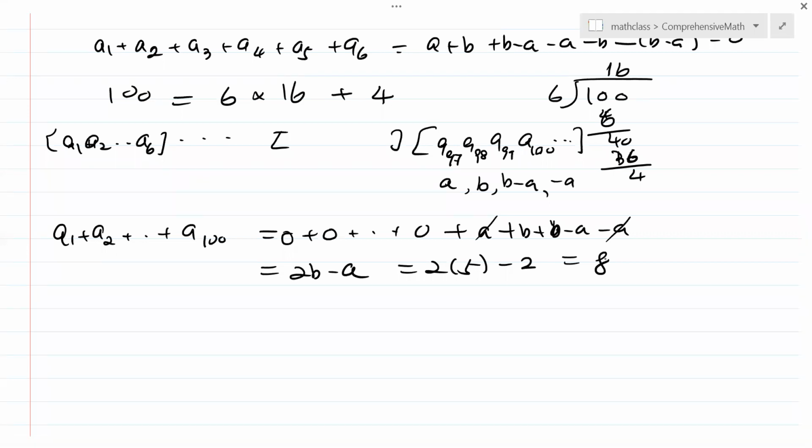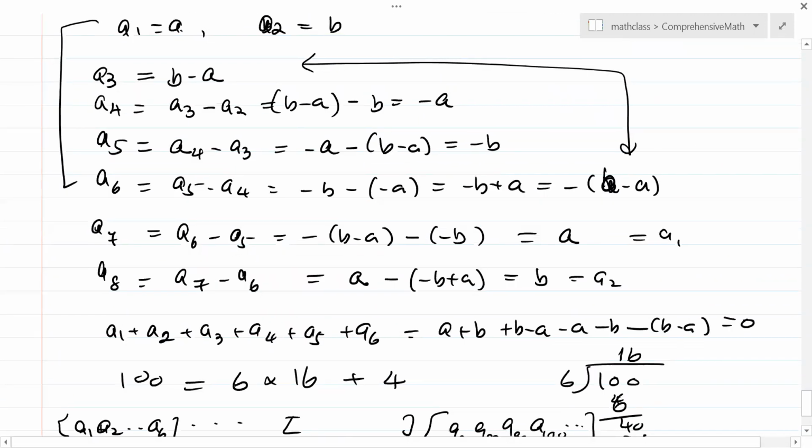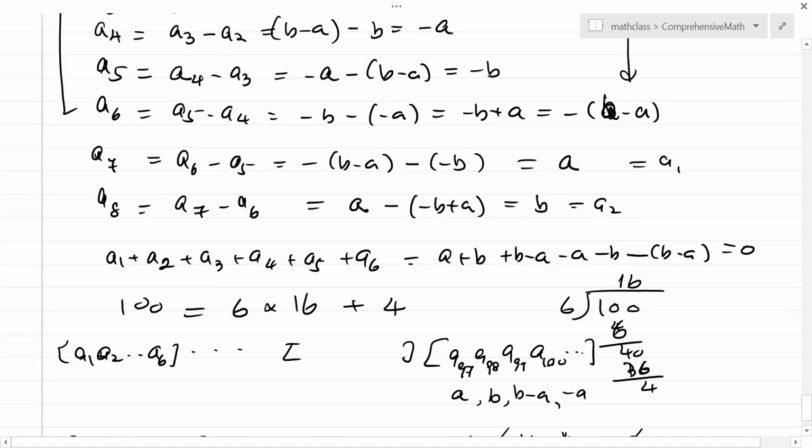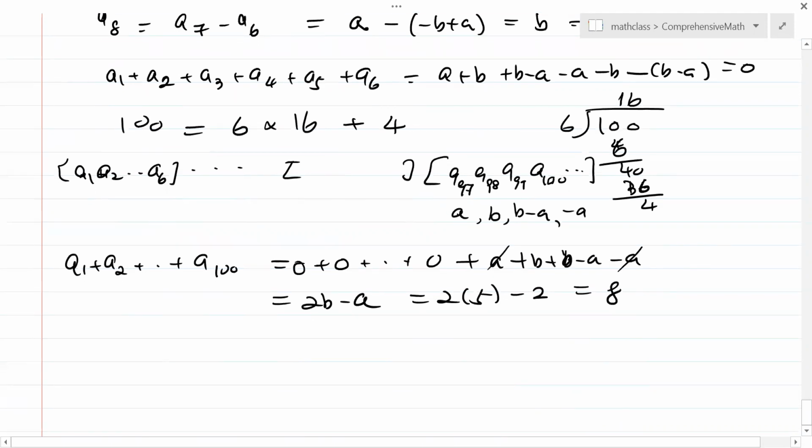So you need to find out the pattern. It's very similar to the one above, but you have to get the pattern first. Then 100 is going to be 16 groups of 6 numbers plus 4.